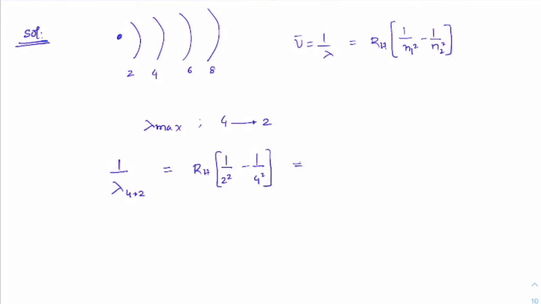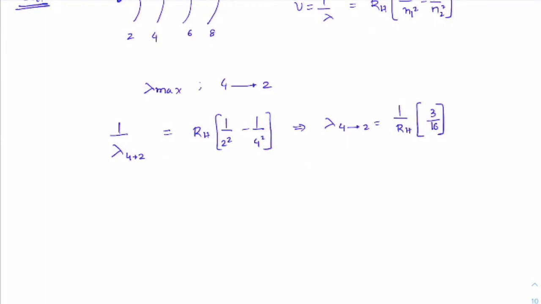which implies lambda max, or 4 to 2, would be equal to 1 by RH into, if you see the LCM, this is 16, and this is 4, so 16 would be common. So 4 minus 1, it will be 3 by 16 is what you will have.